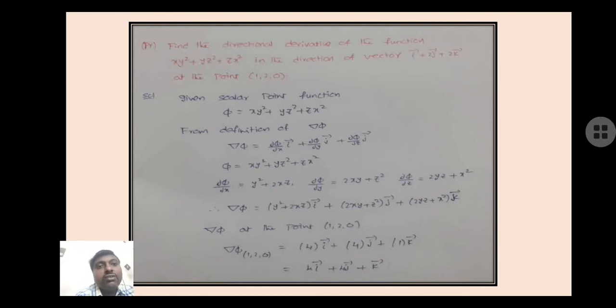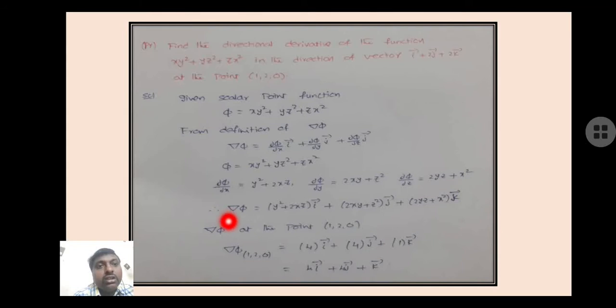Why? Because when we calculate the partial derivative of phi with respect to x, both y and z are treated as constants. In the same way, dou phi by dou y is equal to 2xy plus z square, and dou phi by dou z is equal to 2yz plus x square.